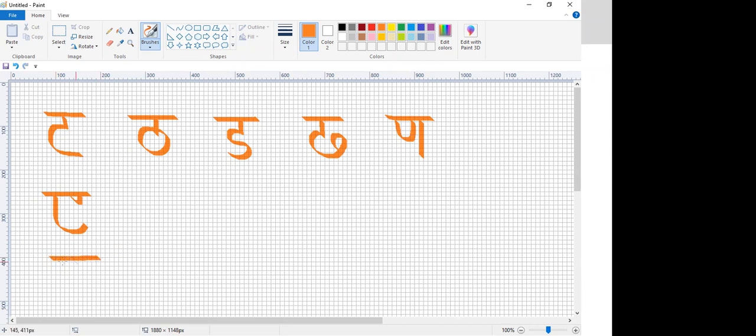It's exactly like a R. Then here the only difference is we put a little triangle here. This is T. T was very simple. Circle, just a circle, nothing more than that. Just a circle.